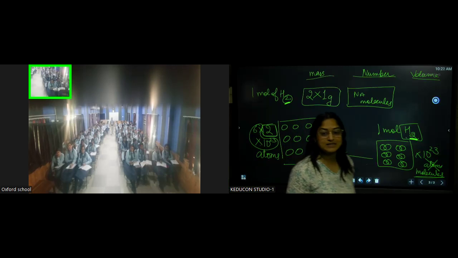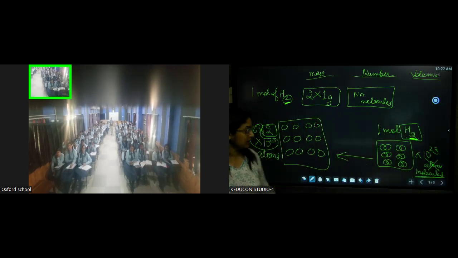That means with Avogadro number, you have to multiply the atomicity of that molecule. To convert a molecule into atom, you have to multiply the Avogadro number with its atomicity. So this will give you 2 into Avogadro number of atoms, right?